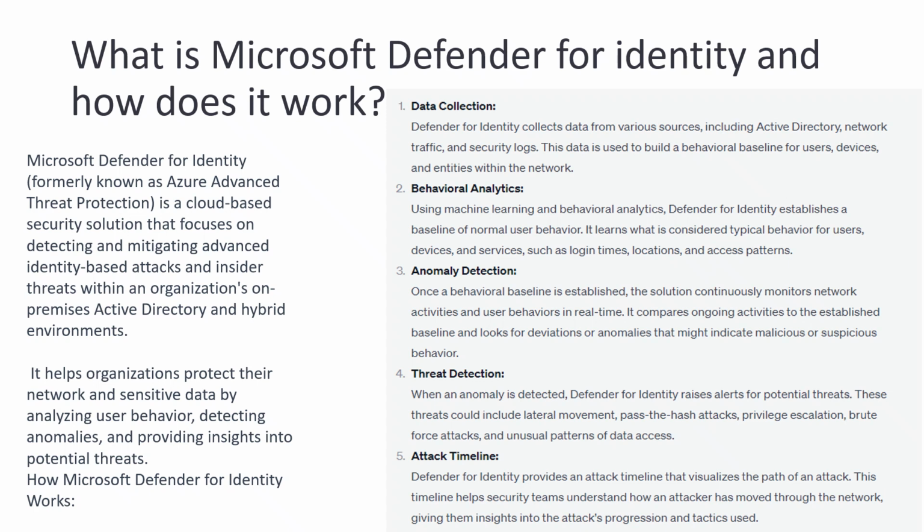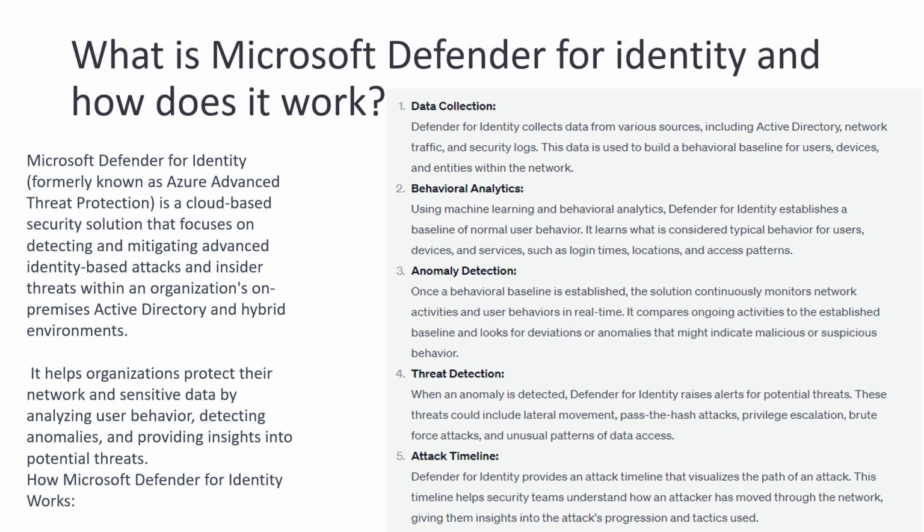And we already talked a little bit about this, but Microsoft Defender for Identity, which was formerly known as Azure Advanced Threat Protection, is a cloud-based security solution that focuses on detecting and mitigating advanced identity-based attacks and insider threats within an organization's on-premises Active Directory in hybrid environments.